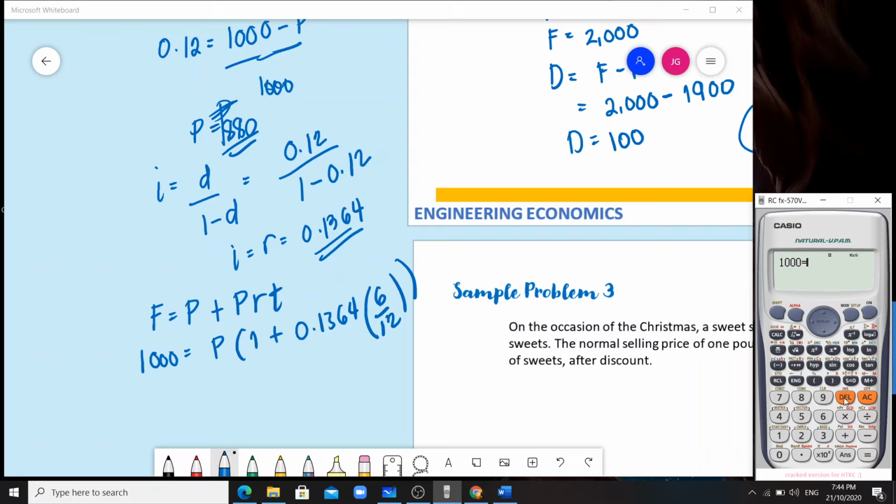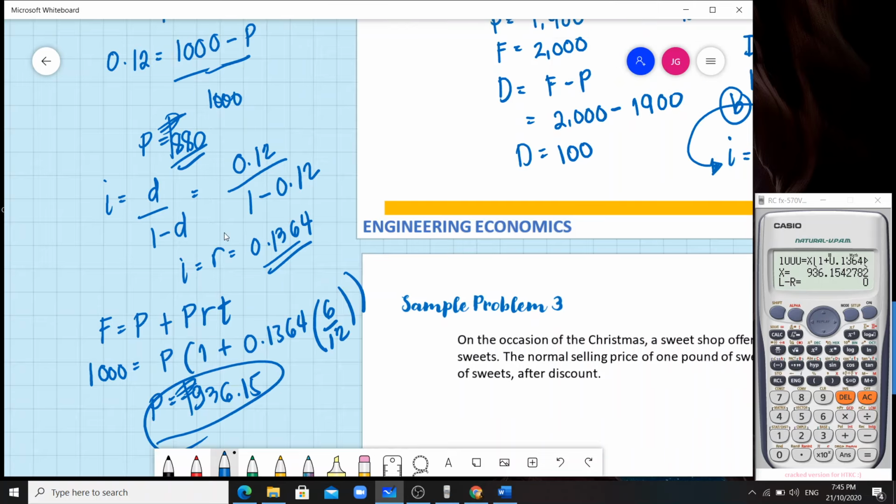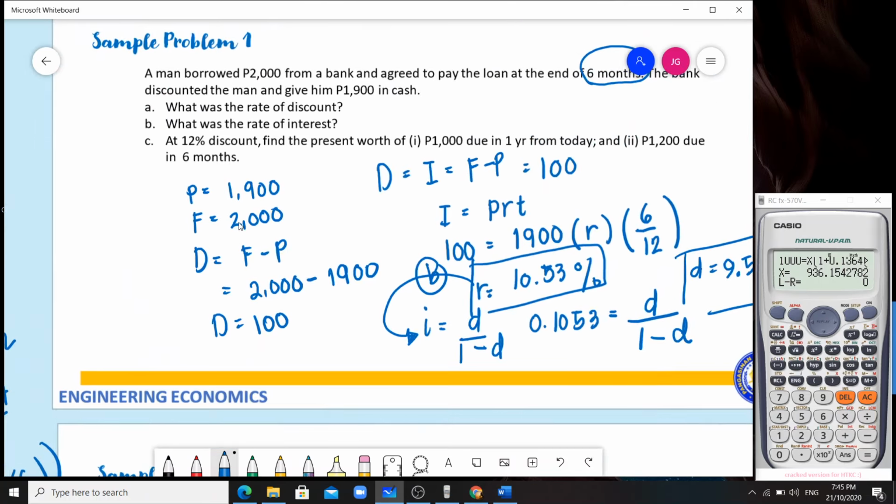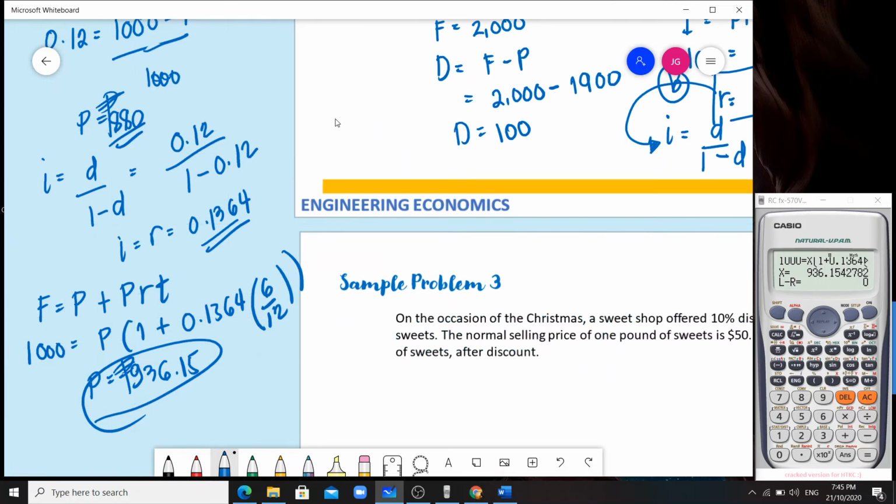1,000 over 1 plus 0.1364 times 6 over 12. Shift solve. Okay. So, ang present worth pala natin is 936.15 pesos. Yan. Ito yung sagot sa second. Ay, sorry, 1,200 pala yung given.